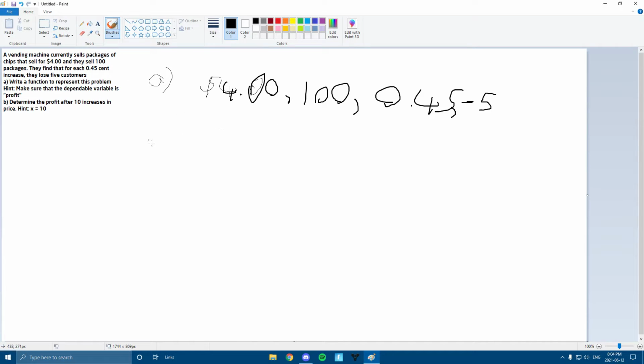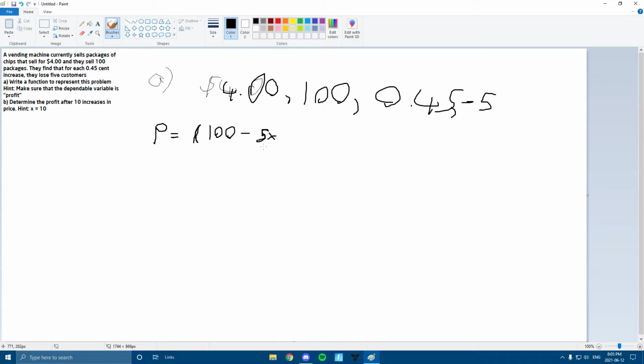So when they say the hint, the profit is the dependent variable. That means everything has to equal P, so P stands for profit. Let's put this into an equation. First off, let's put 100 minus 5, and we'll add the x to represent this.